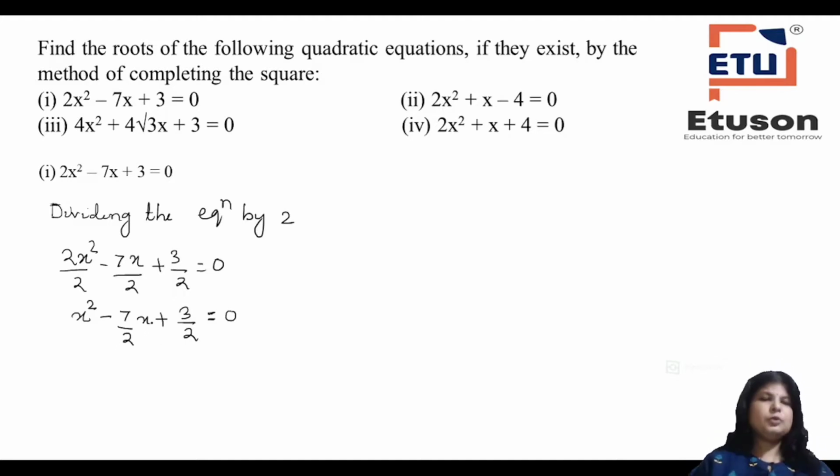Now, in order to bring it to a complete square form, you have three terms which can be represented as either a square minus 2ab plus b square or a square plus 2ab plus b square. Because you have a minus sign with the variable x, you can go for a square minus 2ab plus b square.